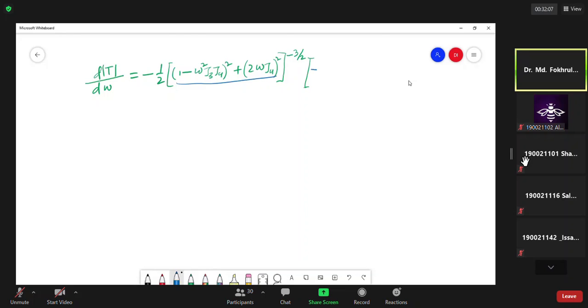It will be minus 4ωτ3τ4 into (1 minus ω² τ3 τ4) plus 8ωτ4².